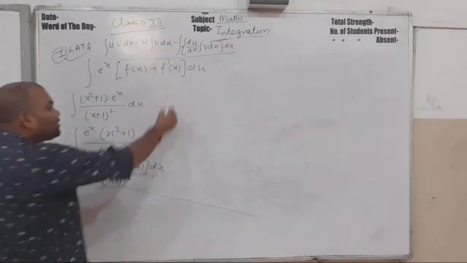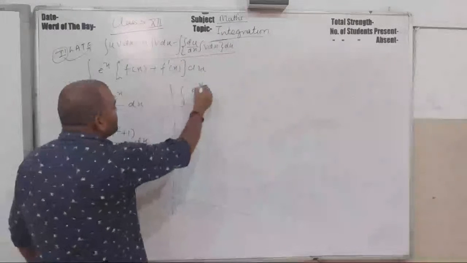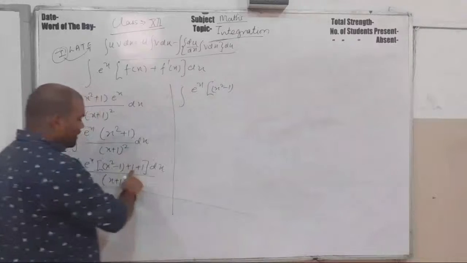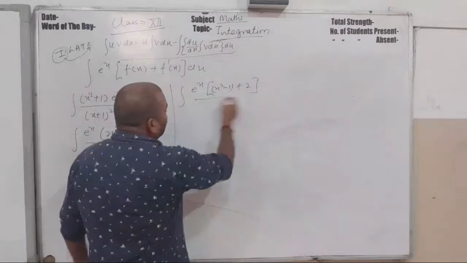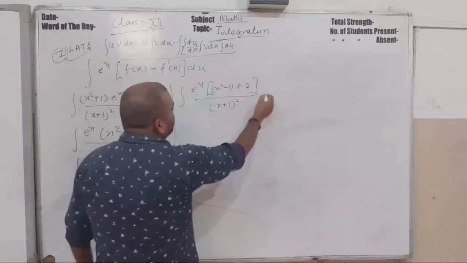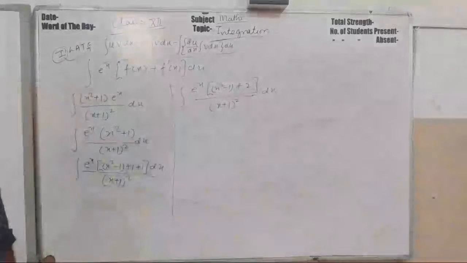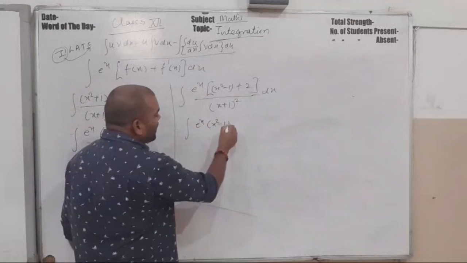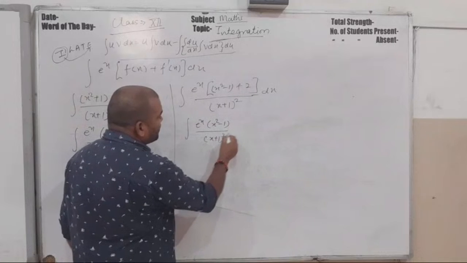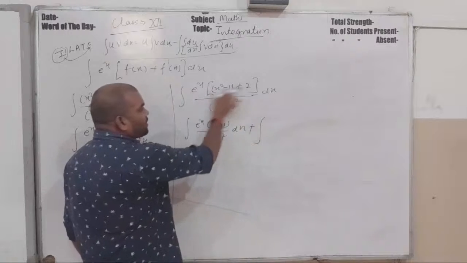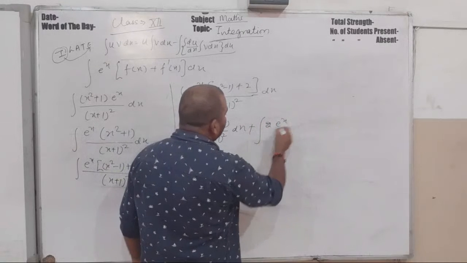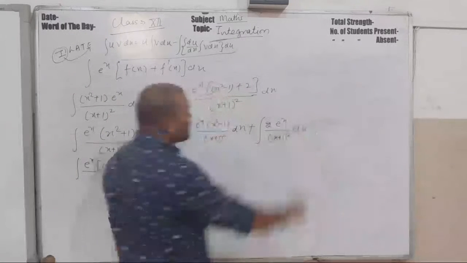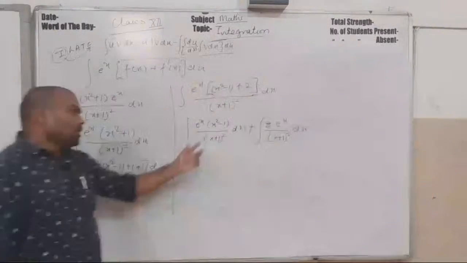Clear? So what becomes? This becomes e to the power x, (x square minus 1) into 1 plus 2 upon square of x plus 1 dx. Clear? Now this can be written as the integral of e to the power x (x square minus 1) upon square of x plus 1 dx, and plus, separating these two, 2 times the integral of e to the power x upon square of x plus 1 dx.